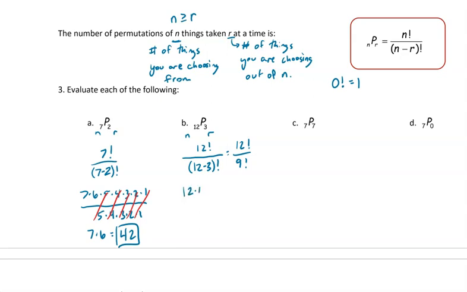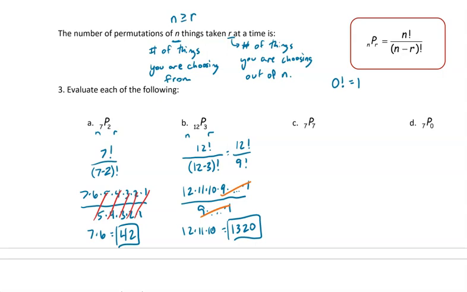So 12 factorial is 12 times 11 times 10 times 9 times blah blah blah all the way down to 1. 9 factorial is 9 times 8 times blah, blah, blah, blah, down to 1. So all of that part is what cancels. So in the end, all we actually have is 12 times 11 times 10, which is 1,320.